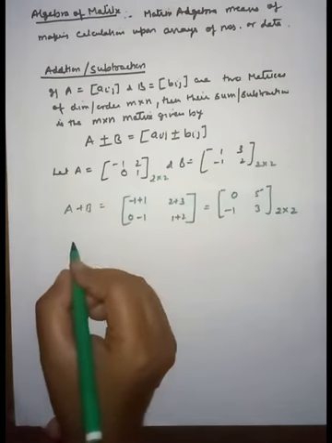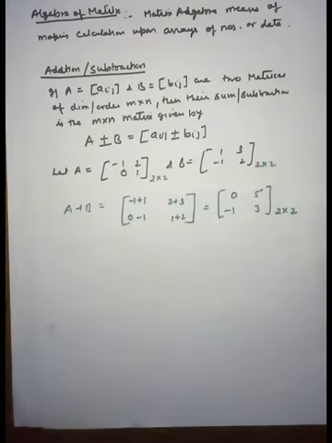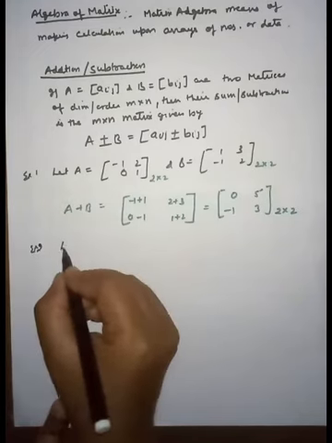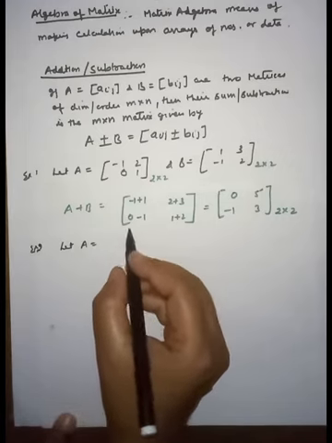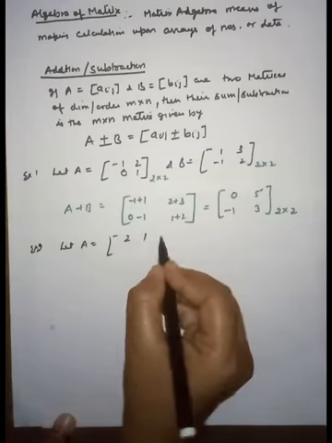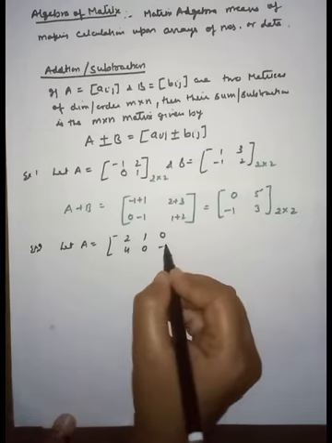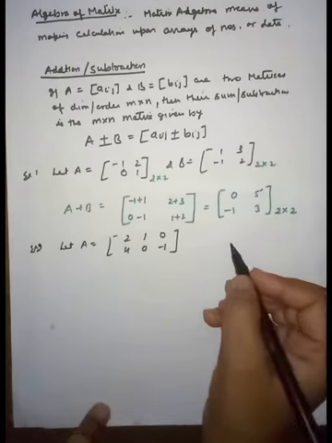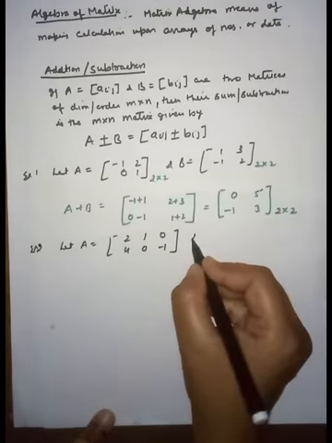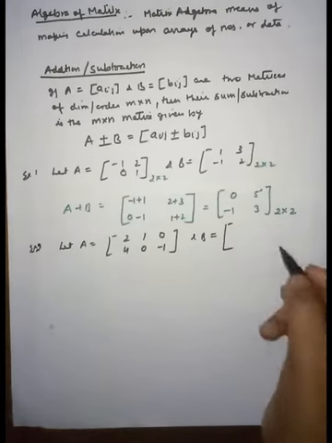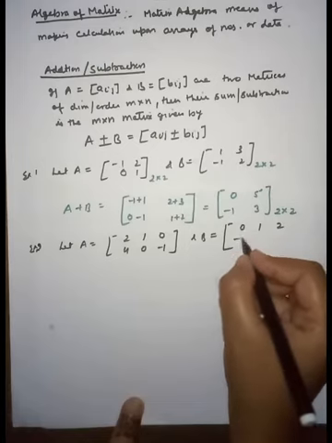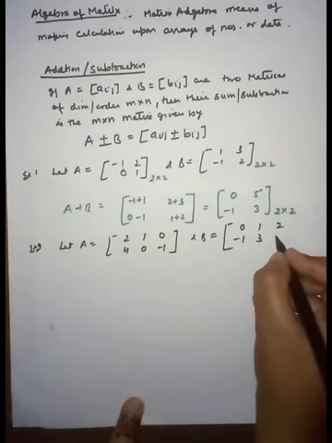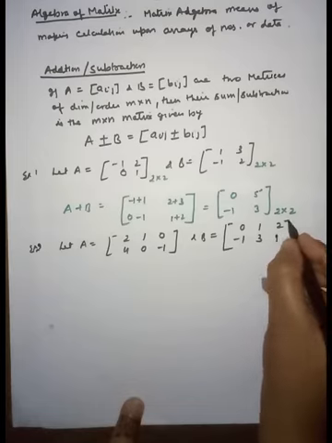Suppose A equal to 2 1 0, 4 0 -1, and B equal to 0 1 2, -1 3 1.